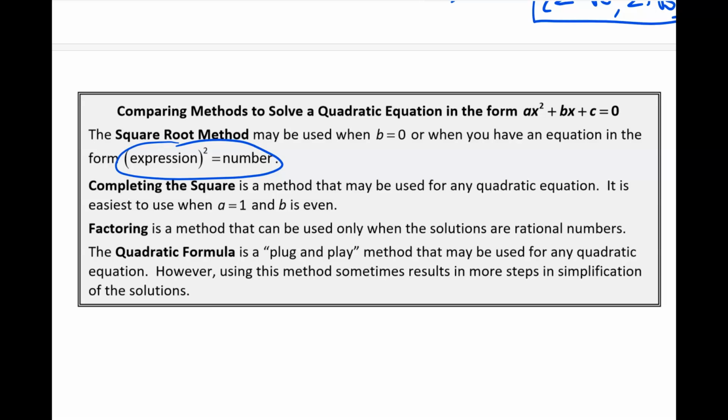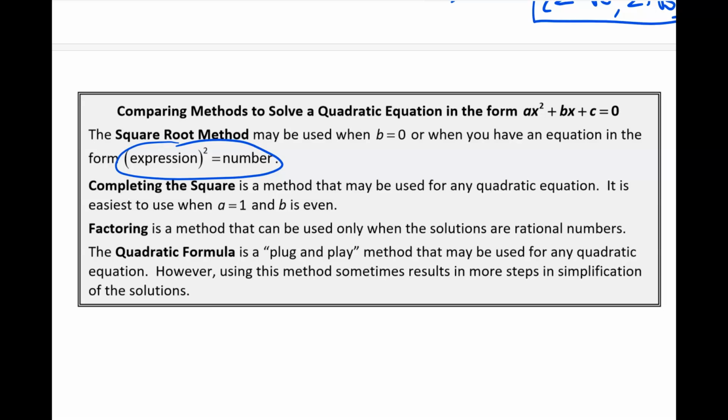Factoring is a method that's fairly easy to use, and you should be used to it by now, but it's only good when the solutions are rational numbers, so it doesn't work for every single quadratic equation. Quadratic formula is a plug-and-play method, and we don't have to show a lot of steps, but you have to keep in mind negatives when you're computing the result, and it also results in sometimes more simplification steps if you could have used, for instance, completing the square or factoring instead.